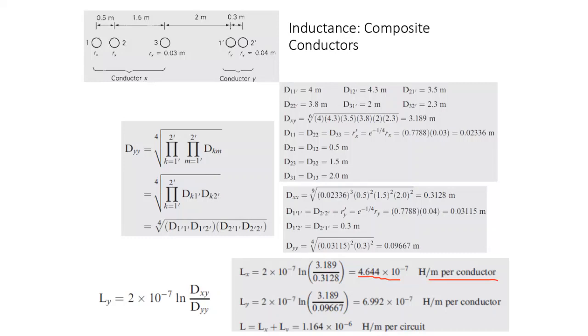Ly and Lx. And then if you're asked to find the total inductance, that is the inductance that you put on the circuit, by the way. Sometimes we ask you per conductor. Therefore, you need to find Lx and Ly. And if there is an Lz, for example, that's per conductor. If you are asked to add them, then you will add them, Lx plus Ly, and then you will get per circuit.